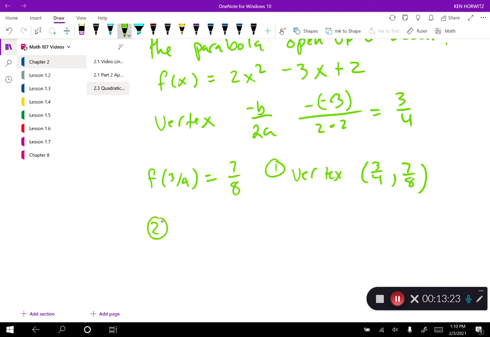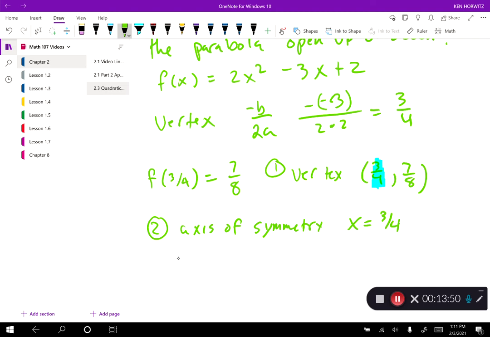Your second one is the axis of symmetry. And your axis of symmetry is going to come from the x value of your vertex. So it's going to be x equals 3/4. That is going to be a vertical line going straight through your parabola, cutting it right in half.